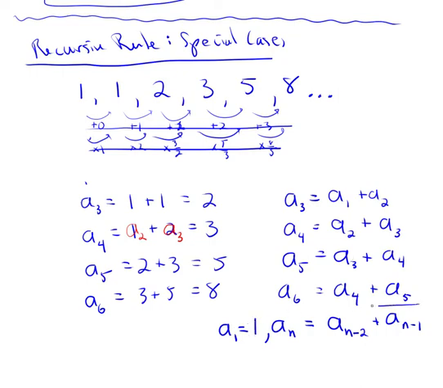And this is a very famous sequence called the Fibonacci sequence. It occurs all throughout the world, in nature and in space.